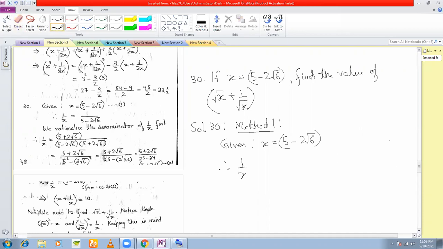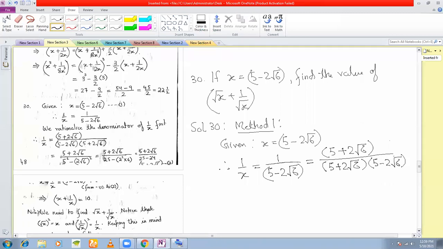Therefore, 1 by x will be 1 by 5 minus 2 root 6. Now this denominator is irrational, so we rationalize it by multiplying the numerator and denominator by the rationalizing factor, 5 plus 2 root 6.